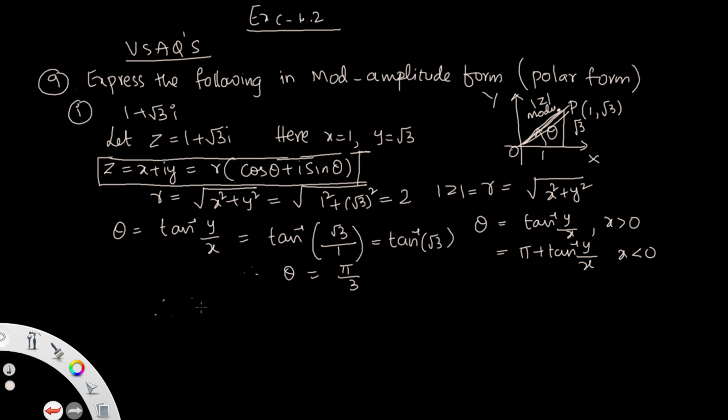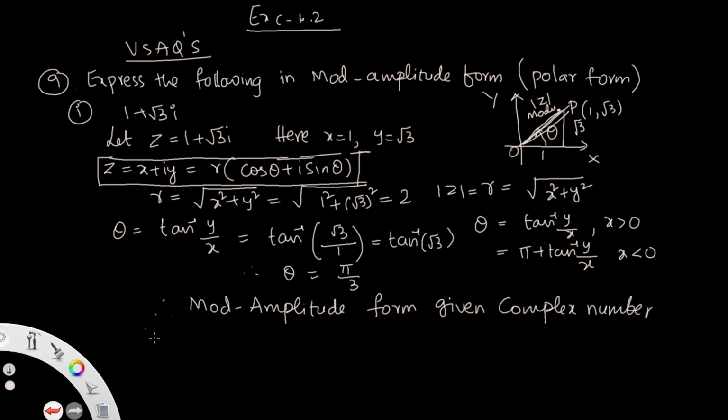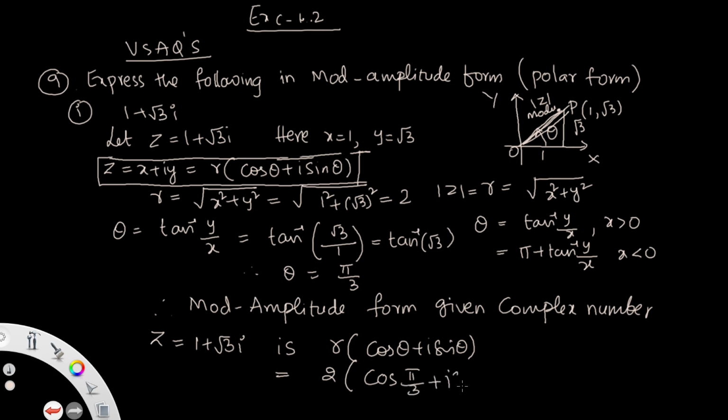Therefore the modulus amplitude form of the given complex number z equals 1 plus root 3i is r into cos theta plus i sin theta, that is 2 into cos pi by 3 plus i sin pi by 3.